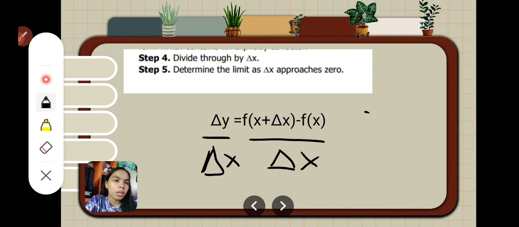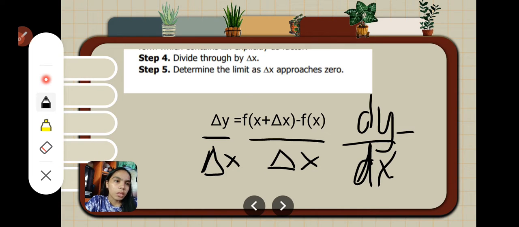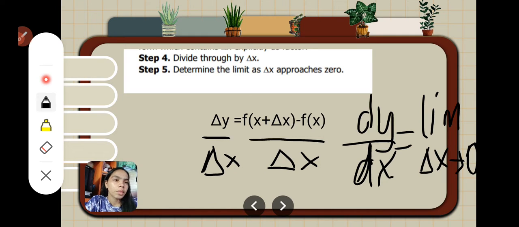So this will be the equation: the derivative of y with respect to x is equal to the limit, when delta x approaches 0, of the final equation.